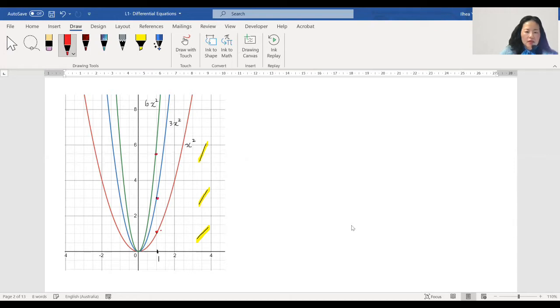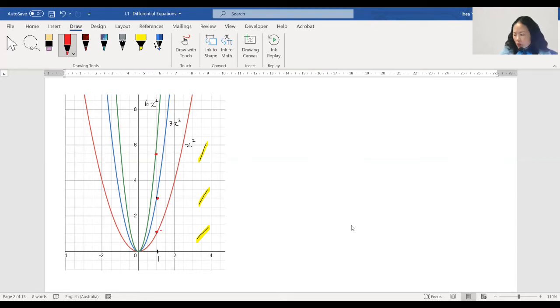I just want to see the gradient at this point, that's all. The red one is the smallest because it's 1, the blue one is 3, the green one is 6. So I just sketched my gradient at x equals 1. Can you see the difference here?